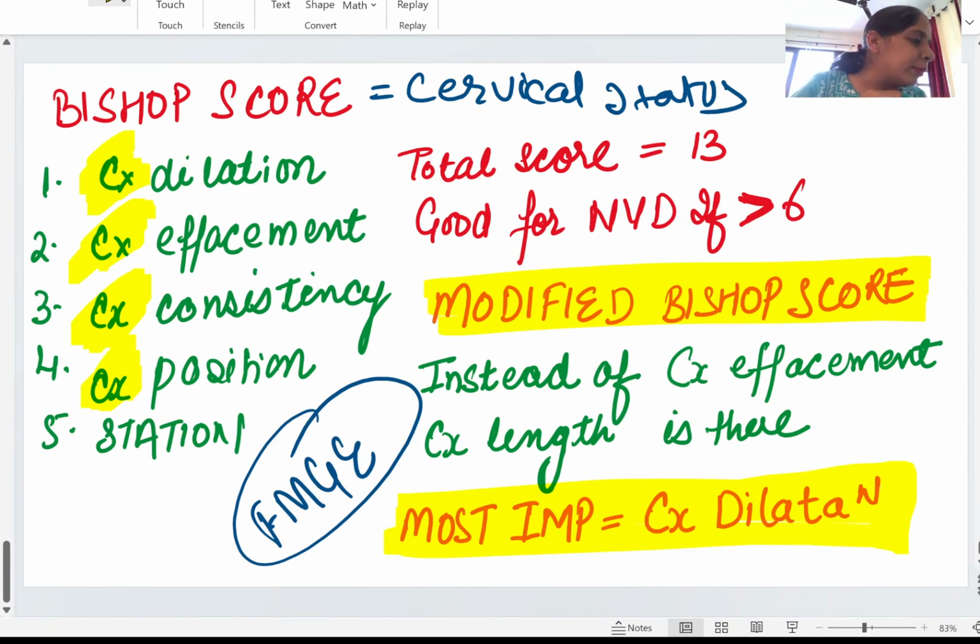How will you remember? Station is also telling the cervical status. The more the head comes down, the more it puts pressure on the cervix. See, cervix is like a rim. So station is also taken as a component of Bishop's score.